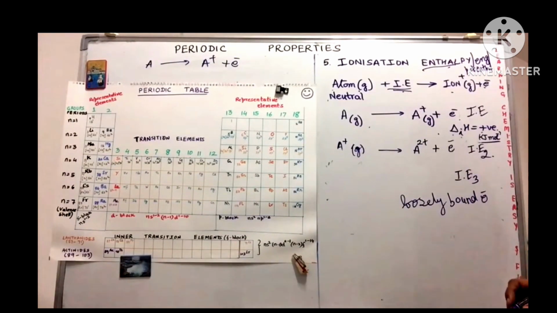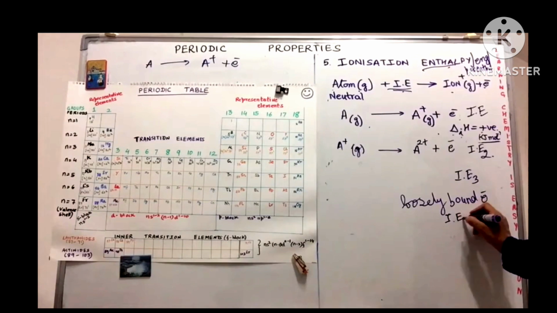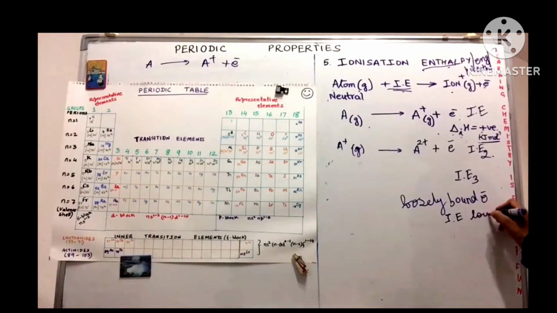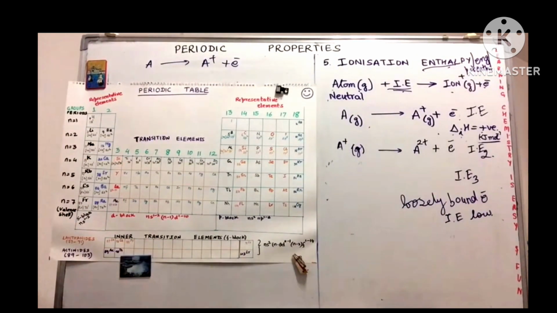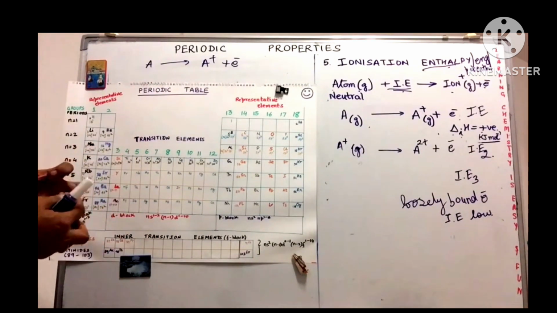Think and tell me. Will you need a high amount of energy or less energy? Yes, you will need a low amount of energy to remove an electron which is less strongly bound compared to an electron which is strongly bound.